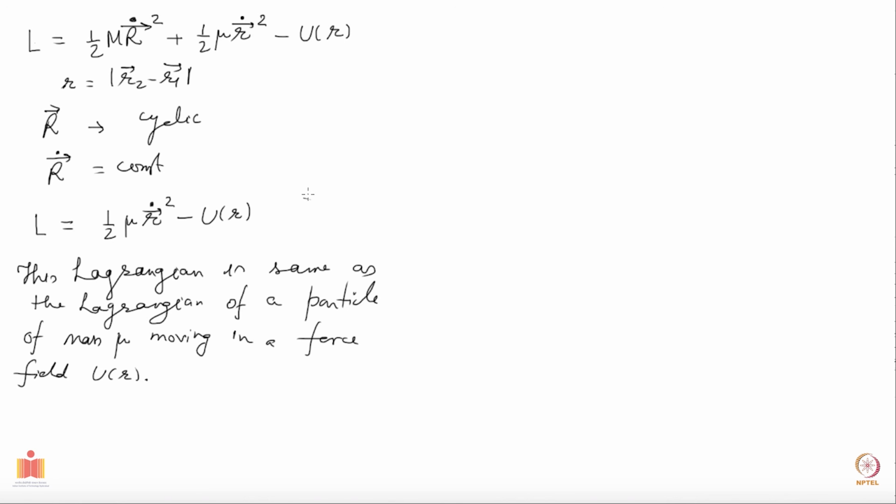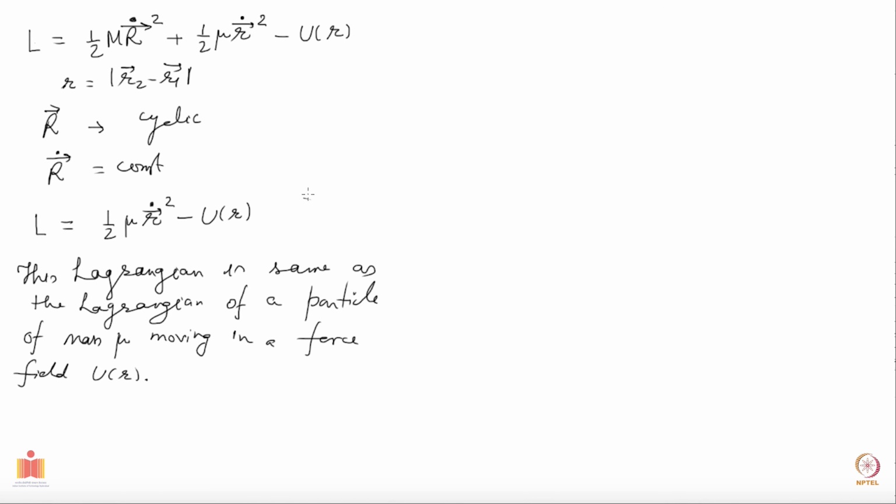That is what it looks like. So if you can solve this new system to which we have reduced our original system, I can invert back. Let's say I solve for small r and I have capital R. From that I can construct my R1 and R2, and I will know about my original problem. So that is what will provide us the full solution to this problem.